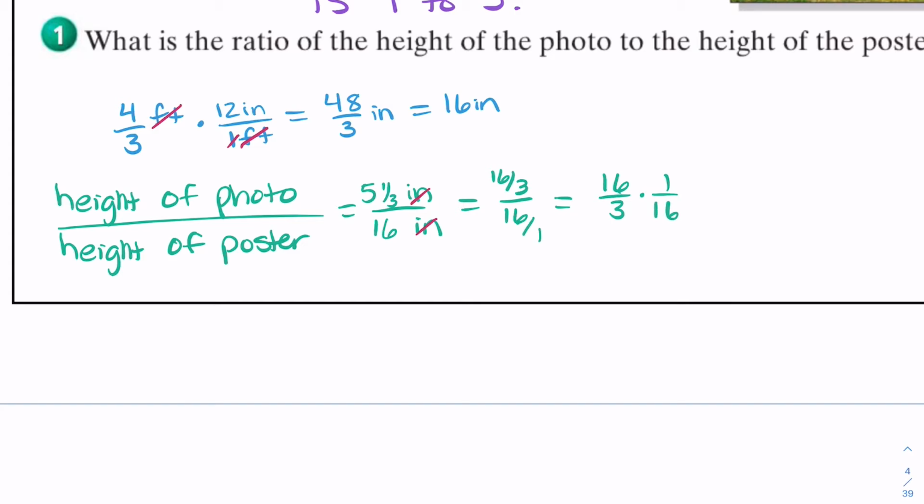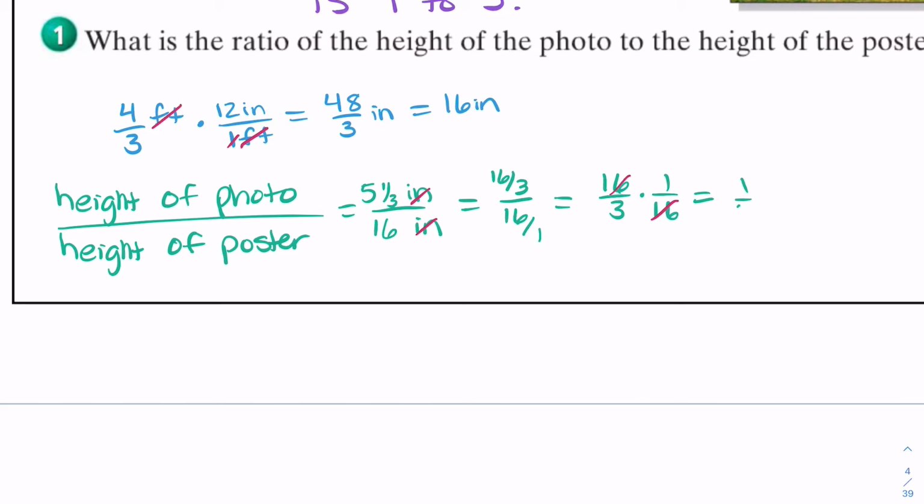If you want to write it as a fraction over a fraction. So this converts, 16 converts to 16 over 1. 5 1/3 is 15 thirds and 1/3, which is 16 thirds. So I'm going to keep this fraction, change from division to multiplication, flip this, and what I end up getting is 1/3.